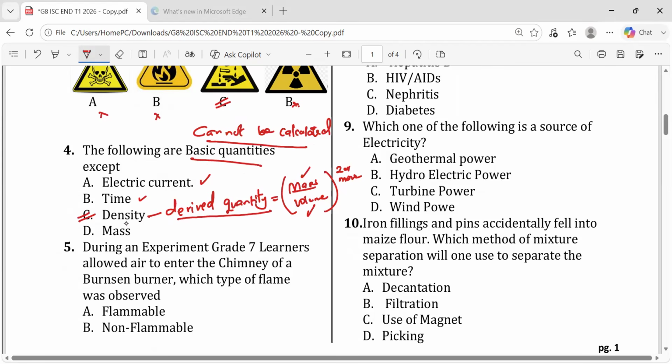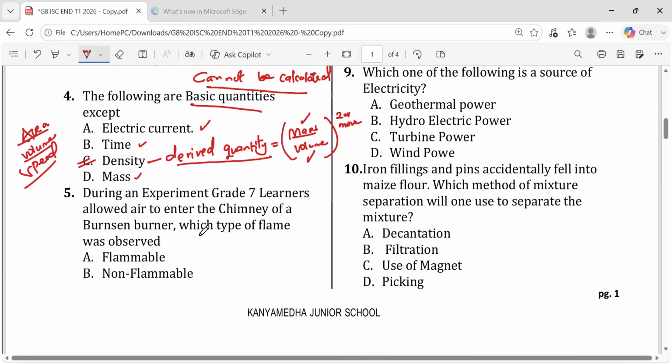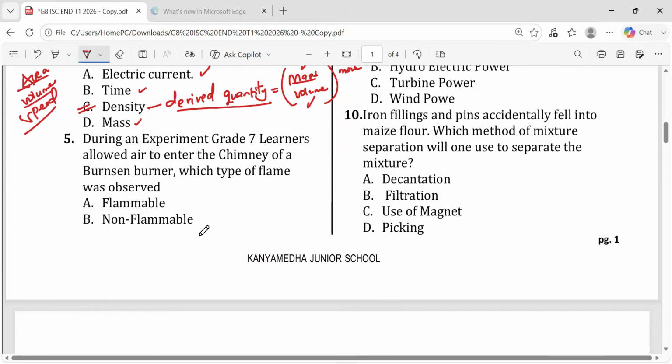Other derived quantities are area, volume, and speed. You're getting that? So mass is also a basic quantity whose unit is kilogram.